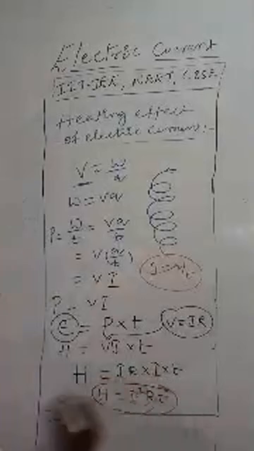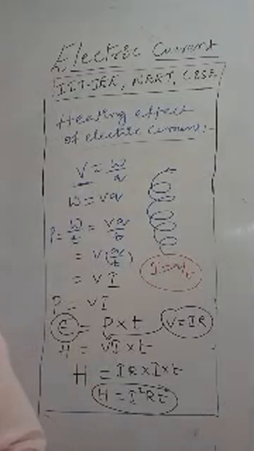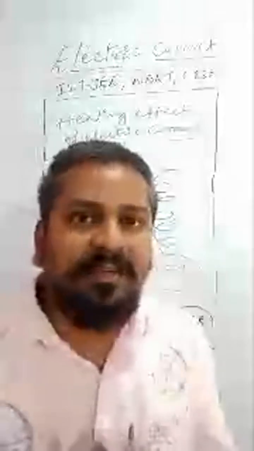So the definition of heating effect of electric current is that the source of energy is completely dissipated entirely in the form of heat.